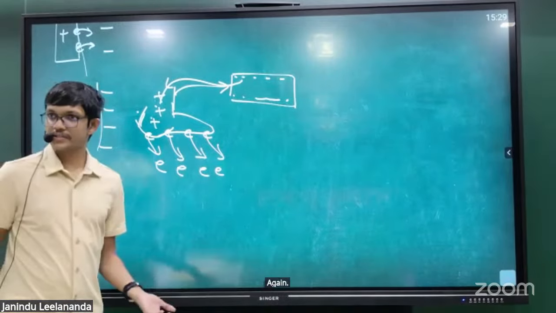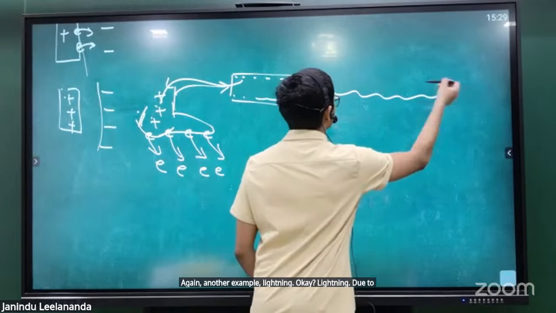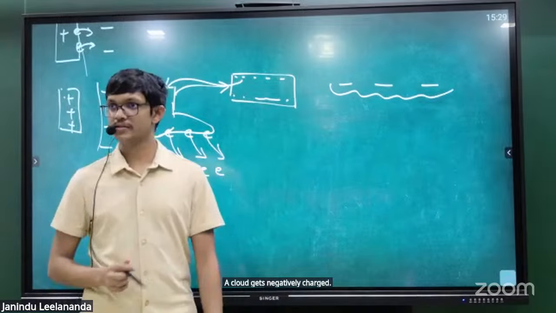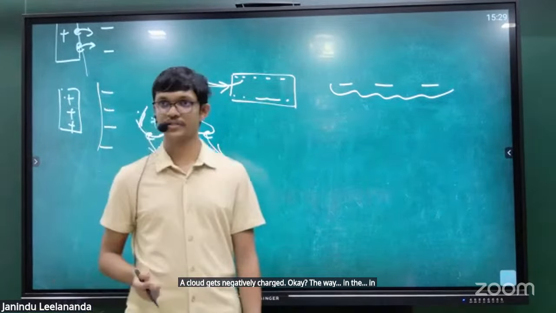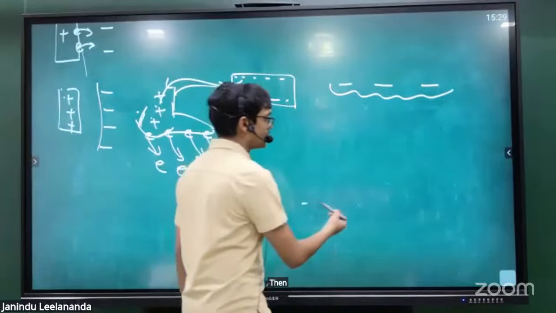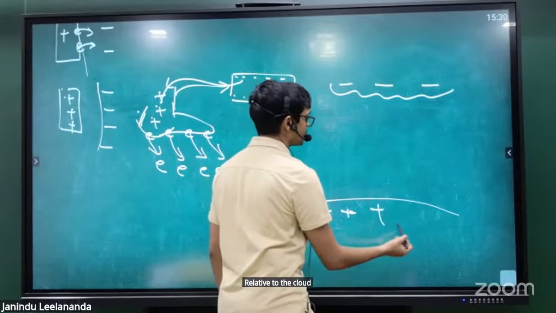Again, another example, lightning. Due to different reasons, in the way a cloud is formed, a cloud gets negatively charged. Then relative to the cloud, Earth is positively charged.